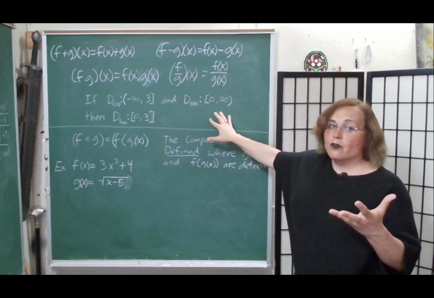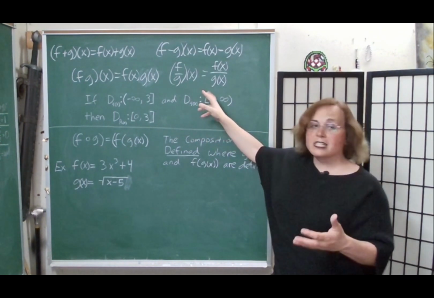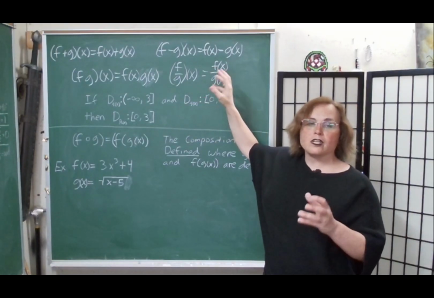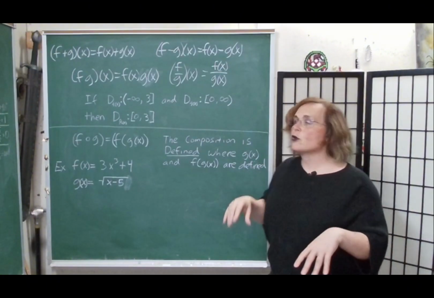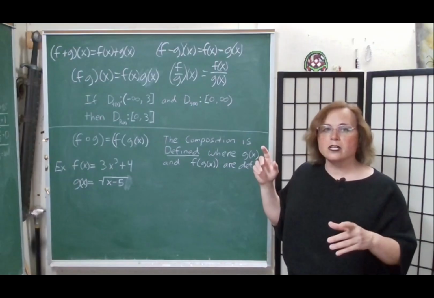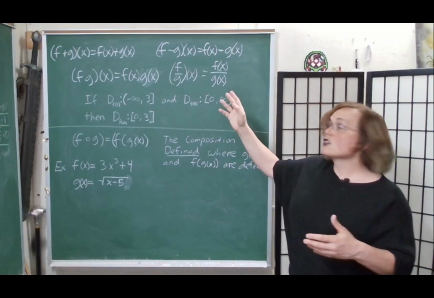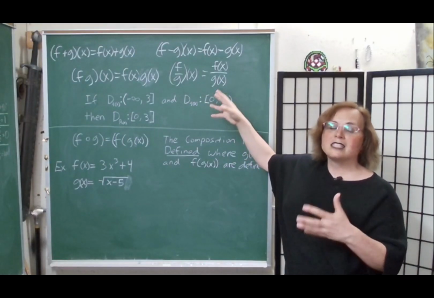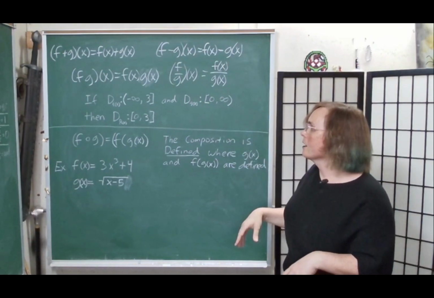That's not very difficult though, because all you have to do is take the intersection of the domain of the functions that you are performing the operation on. That also means, however, that you can only perform the operation if there is an overlap in the domain, because the operation is only defined where the functions themselves are defined simultaneously, okay?